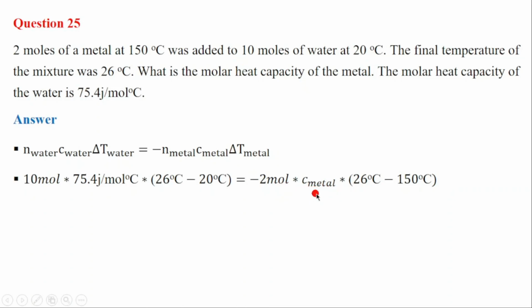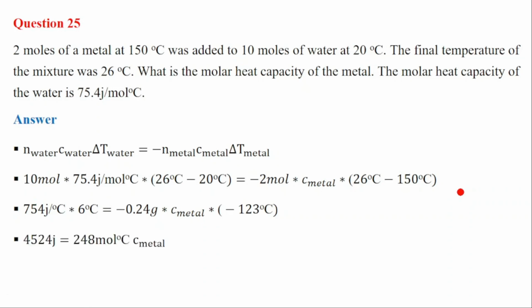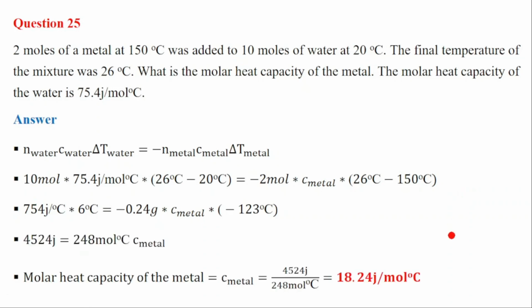So that is what we are asked to calculate. Then we need to multiply with the change in temperature, which will be equal to 26 degrees Celsius minus 150 degrees Celsius. The final temperature minus initial temperature. So we can do then the multiplication and the addition. Then we get the molar heat capacity of the metal, which is equal to 18.24 joule per mole degrees Celsius.